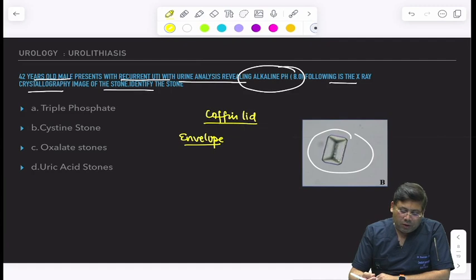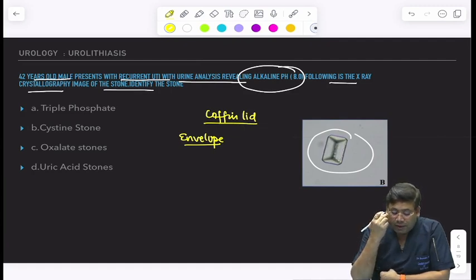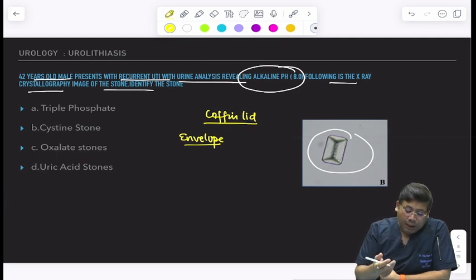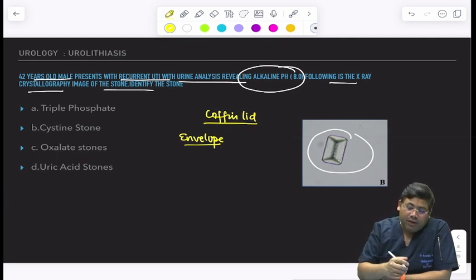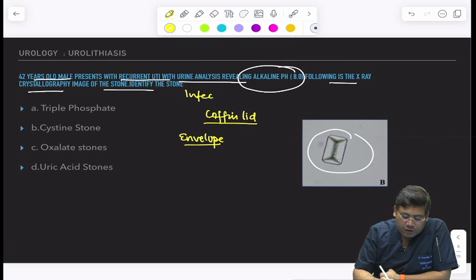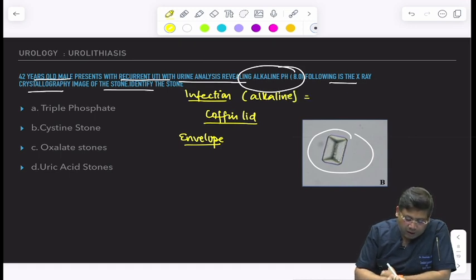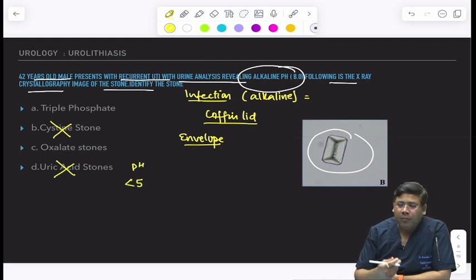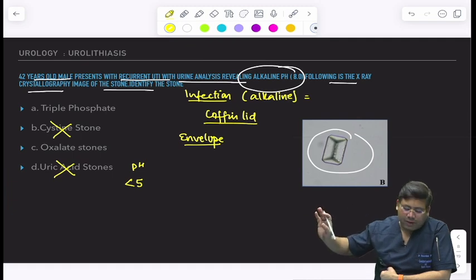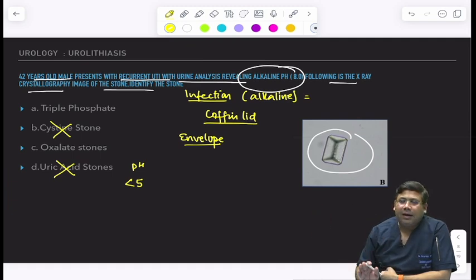When we talk about the coffin lid versus envelope stones, where do we see them? The history is suggestive of infection, and this is more of an alkaline infection. So first, it cannot be a cystine stone or a uric acid stone, because both are seen at a pH of 5. So even if I don't know who it could be, I have eliminated those here.